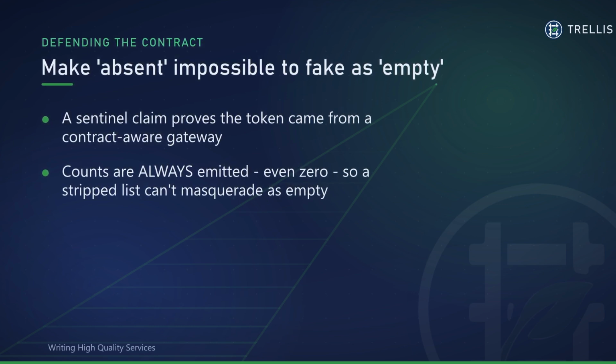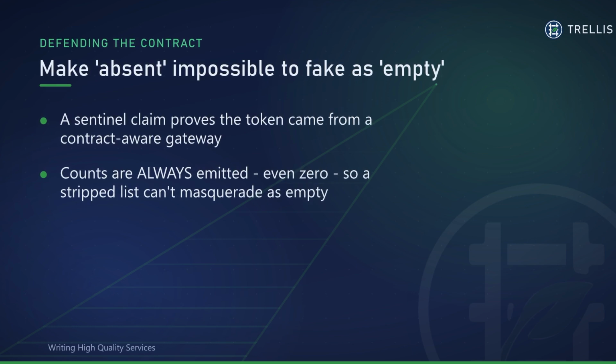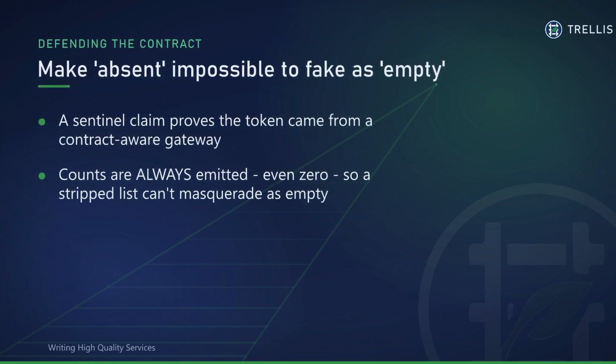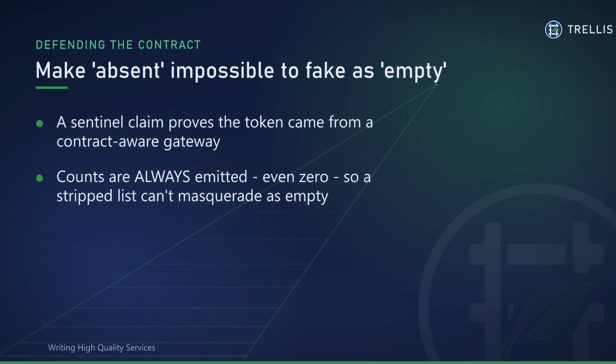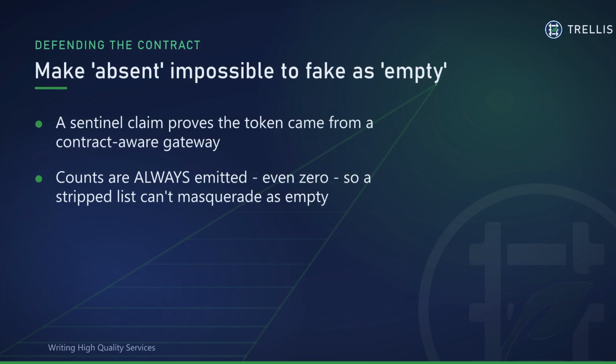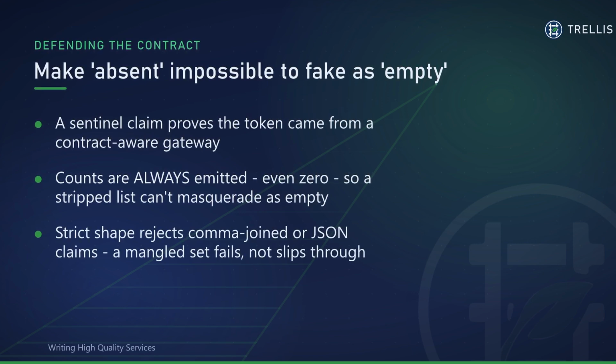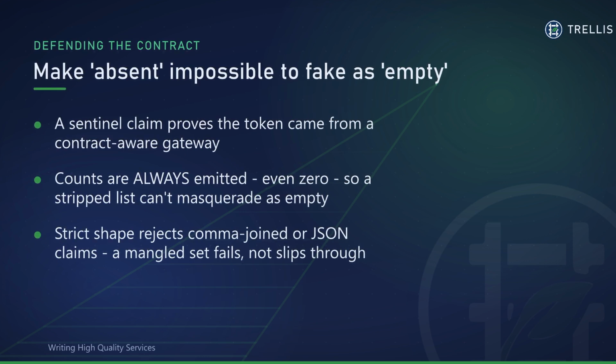So the deny list being absent because someone stripped it becomes distinguishable from the deny list being legitimately empty. If the count says 3 denies but the consumer sees none, it fails. Third, a strict shape check rejects claims that look mangled, comma-joined values, or JSON stuffed into one field, the fingerprint of a broken gateway. Absent, tampered, or mangled, all caught.